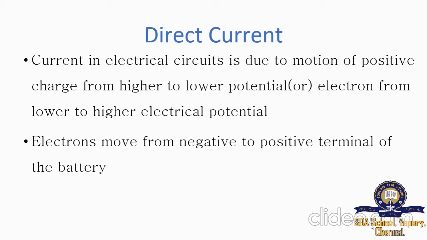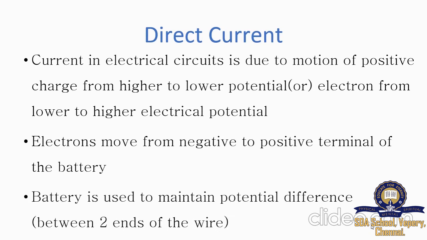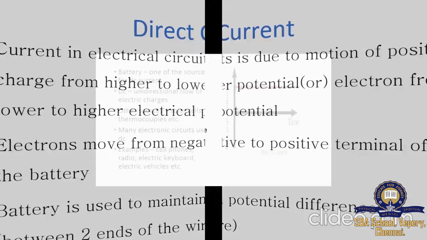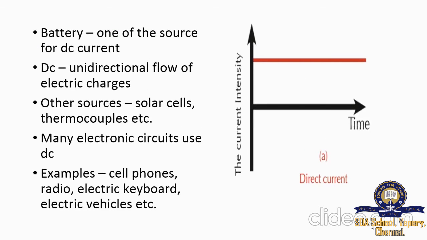Battery is used to maintain a potential difference between two ends of the wire. And the battery is one of the sources for DC current, which is direct current. And the direct current is due to the unidirectional flow of electric charges, and some other sources of direct current are solar cells, thermocouples, and so on.